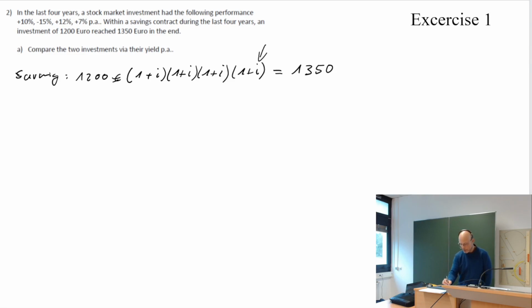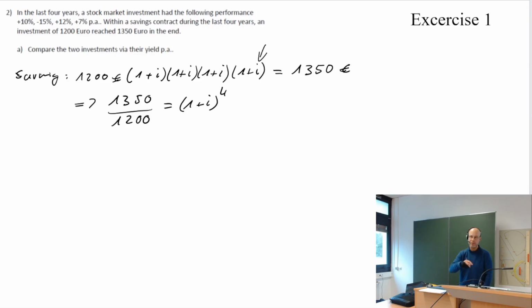Well, and this means nothing else than 1,350 over 1,200 equals 1 plus i to the power of 4.